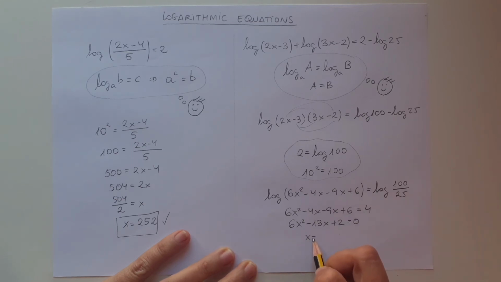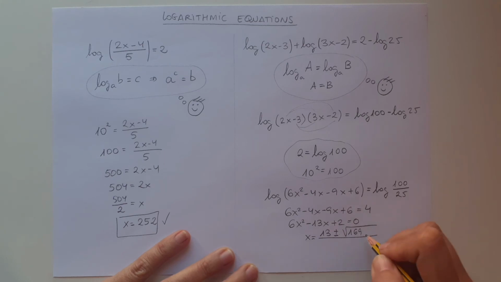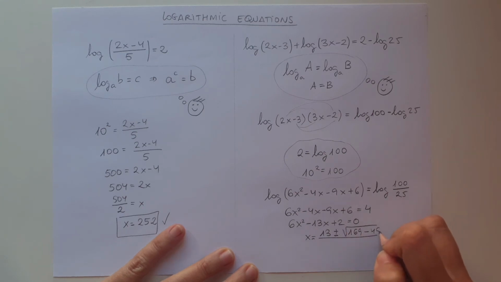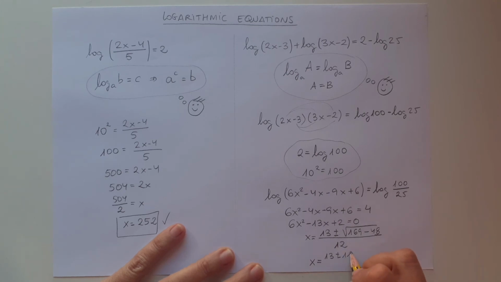Alright, so x equals negative b, that is 13, plus or minus the square root of 13 squared, which is 169, minus 4ac, that will be 48, all over 2a, that is 12. x equals 13 plus or minus, if we perform this operation, the square root of 121, and you know that the result is 11.